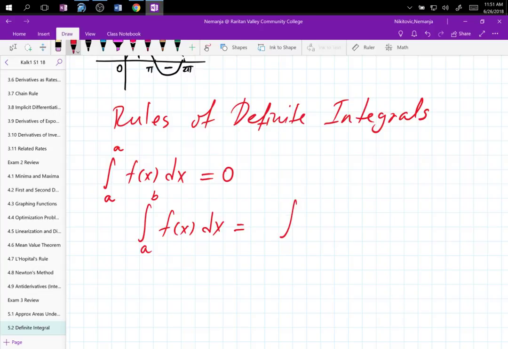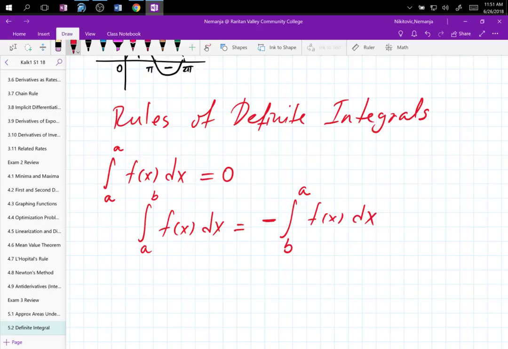So you can put the bottom limit up and upper limit to the bottom and get the same answer as long as you put the minus in front. So if you swap the limits, the integral picks up minus in front, which should be common sense because at the end, this is capital F of b minus capital F of a. Well, if you swap them and factor out the minus, you get the same thing.